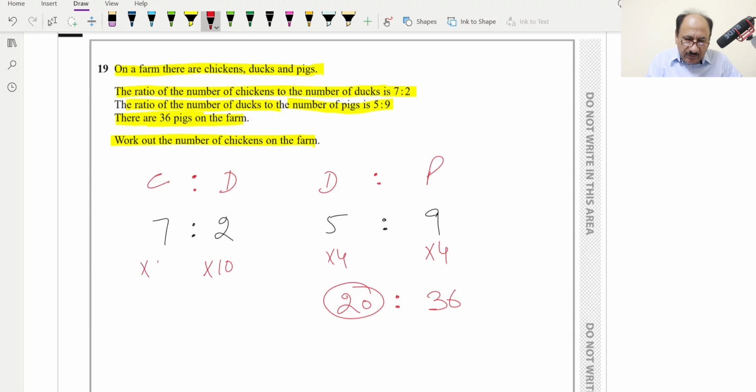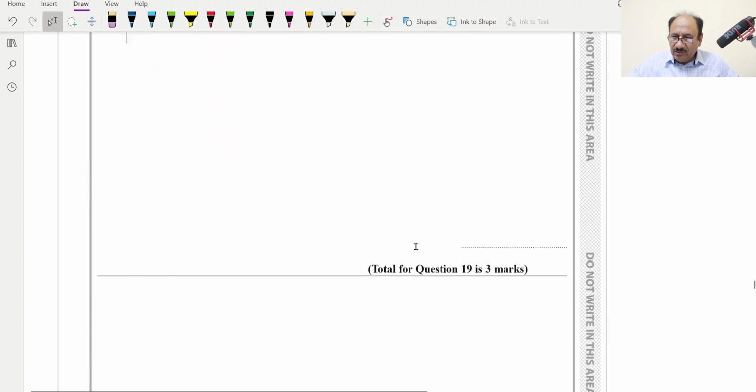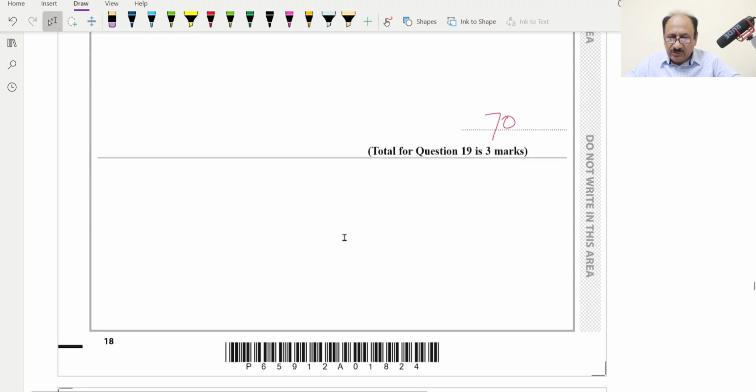So we'll multiply 7 also by 10, and this side will change to 20 ratio, this side will change to 70. Now we have equalized this ratio, so we can compare the others also. So this answer will be 70. Hopefully you understood this part.